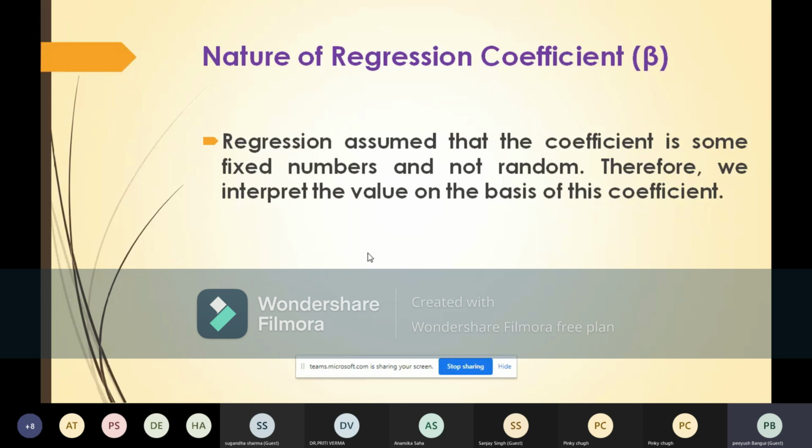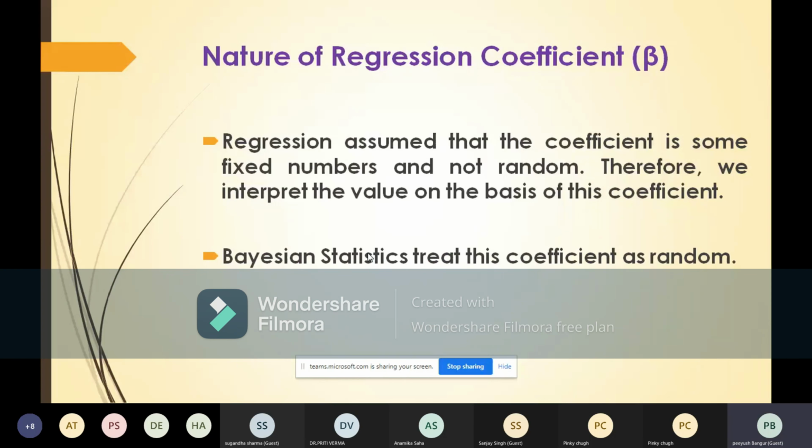So I generally interpret this coefficient in percentage, while some other researchers interpret it as an increase or decrease in the dependent variable, or whether the impact of the independent variable on the dependent variable was positive or negative. So it completely depends on the researcher whether you interpret it percentage-wise, or as an increase or decrease.